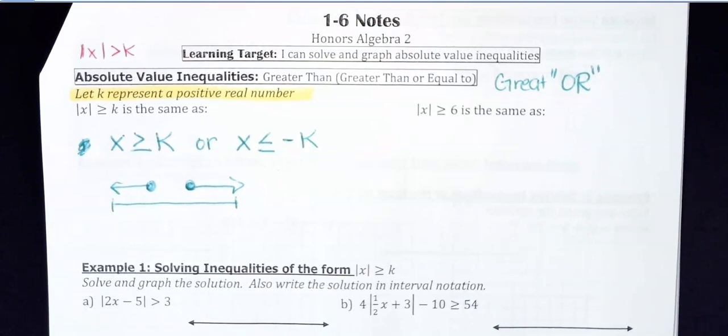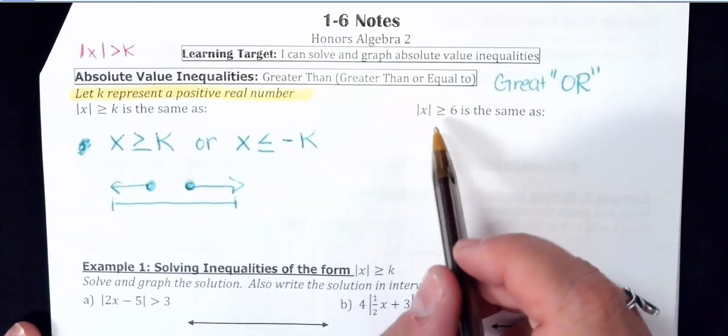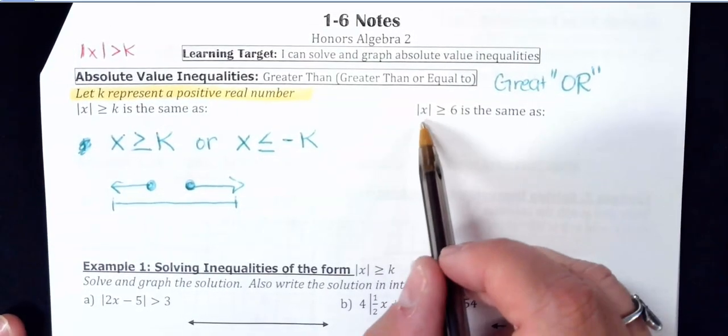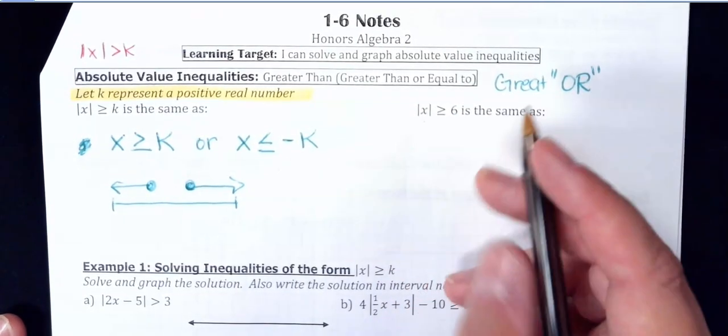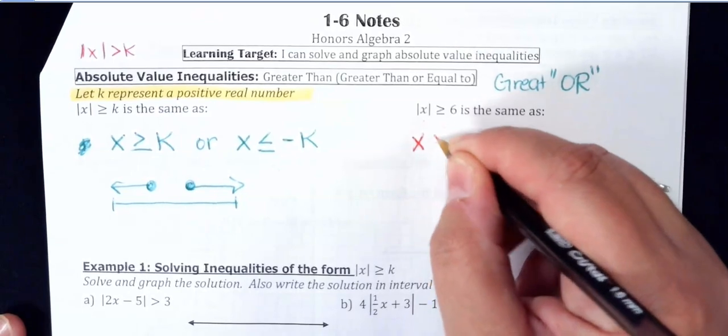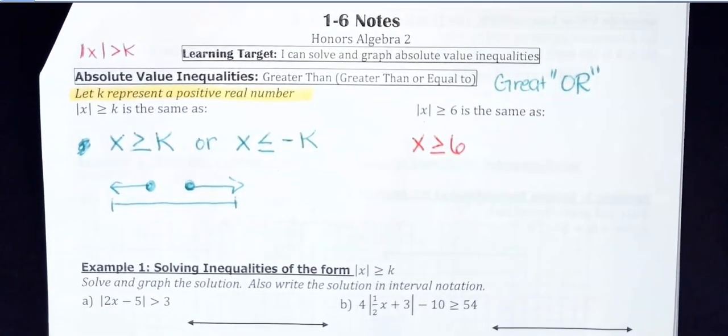Now, let me make it up with a number because I think that sometimes makes more sense to people. So just as an example here, I have absolute value of x greater than or equal to 6. By the definition, I can just drop the absolute value. X could be any number 6 or bigger, so like 6, 7, 8, those are all, if I plug those in, for x bigger than 6.